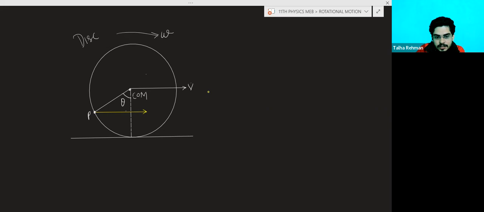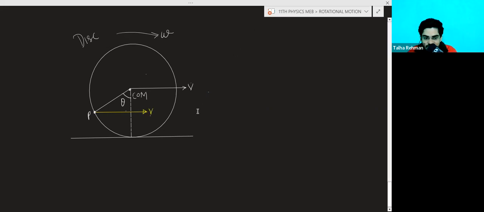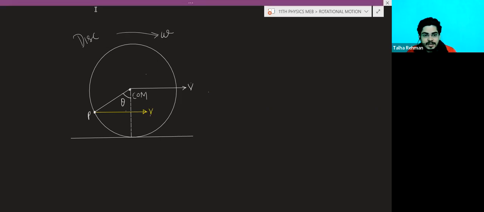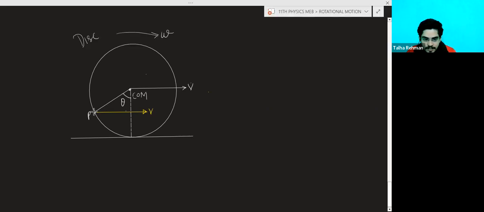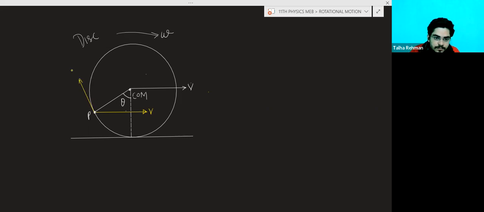At point P there is the velocity of center of mass v in this direction, and another velocity will be the tangential velocity due to rotation, that will be r omega, in the tangential direction. This is the radius, and the tangent you will draw like this. So this will be r omega.